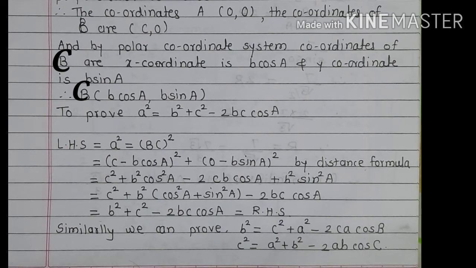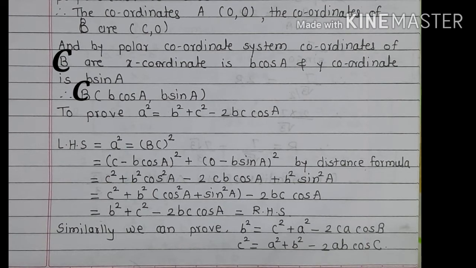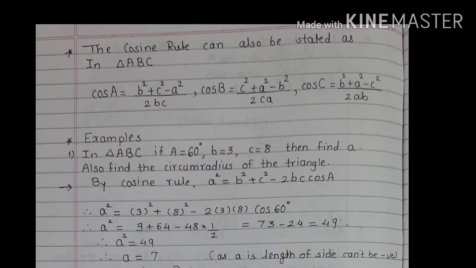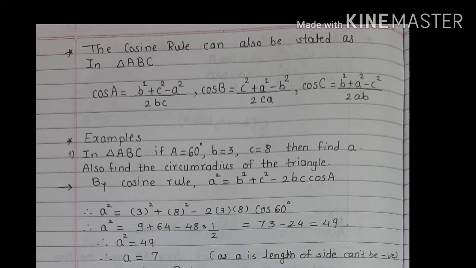Similarly, we can prove b square is equal to c square plus a square minus 2ca cos B, and c square is equal to a square plus b square minus 2ab cos C. The cosine rule can also be stated as in triangle ABC, cos A is equal to (b square plus c square minus a square) divided by 2bc.